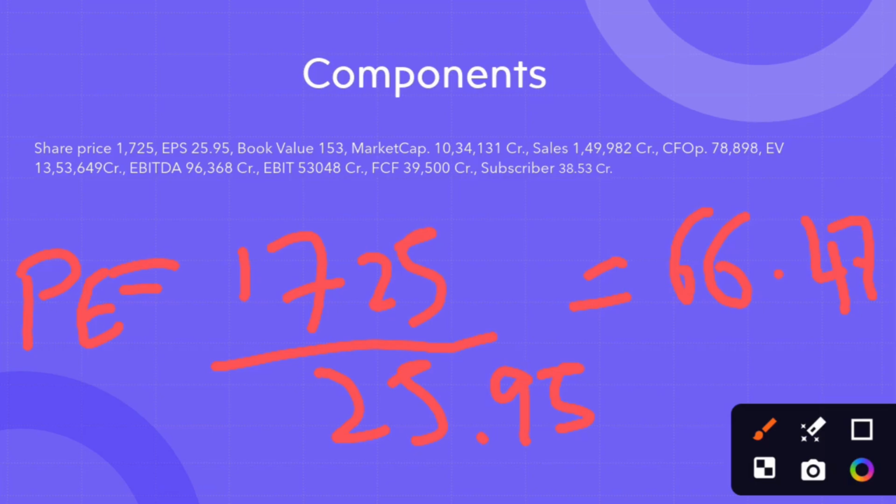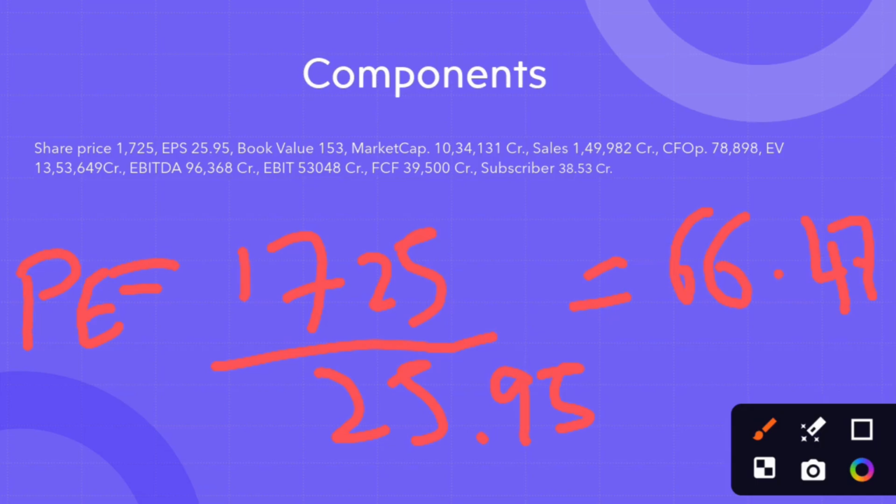So if Bharti Airtel earns 1 rupee, then its share value is 66.47 rupees. This is in terms of the PE ratio, which means that Bharti Airtel is overvalued.